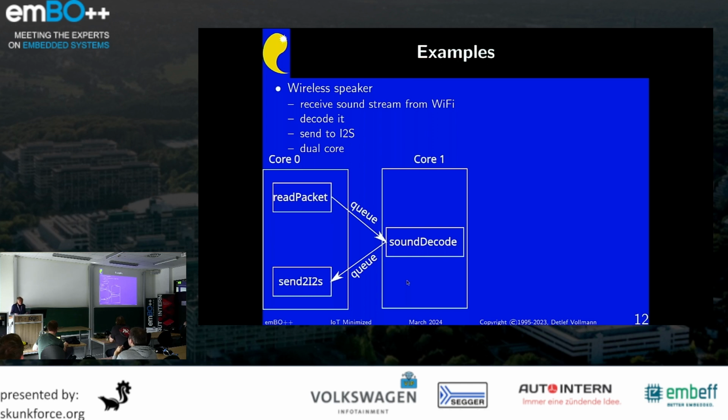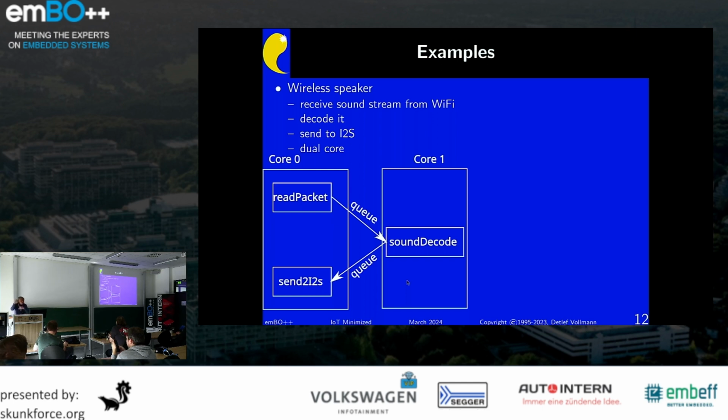It might be MP3. I use Opus. Then on the other core, we do all the decoding because it takes a lot of computation, and then we send it back to core 0, and then we have PCM data, and that can be put out using I2S.